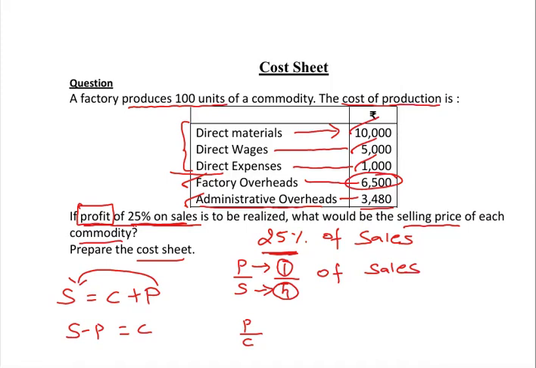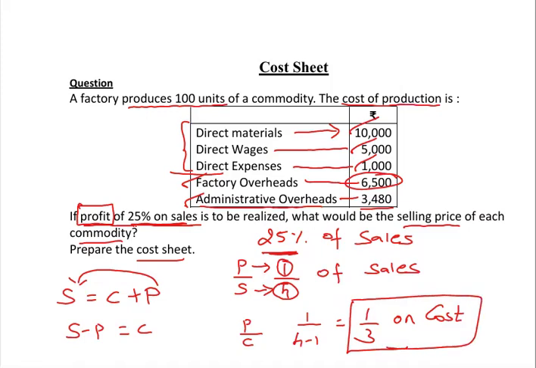The profit will be 1, and since we want the cost, we have to take sales minus profit. We will get 1 by 3. 1 by 3 on cost. Thus we have converted the 25% on sales, which is nothing but 1/4 of sales, into cost, that is 1/3 of cost.